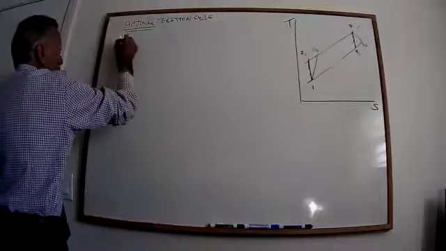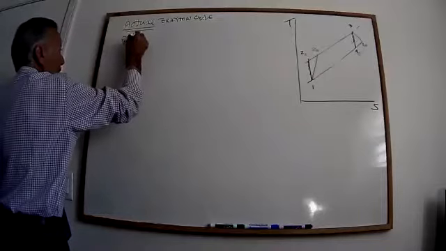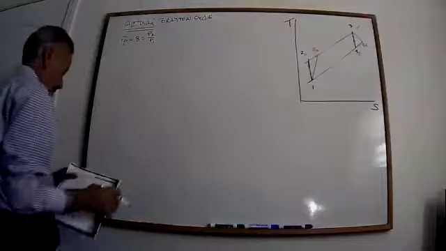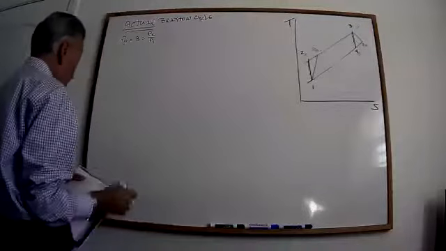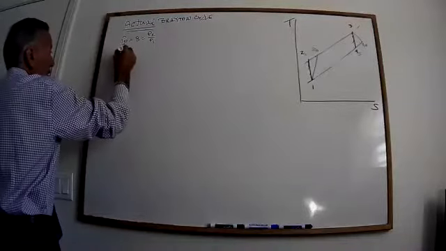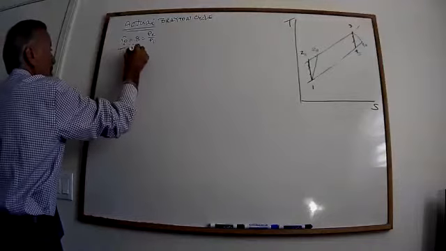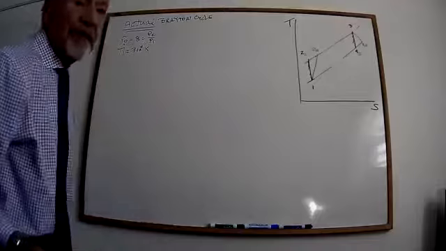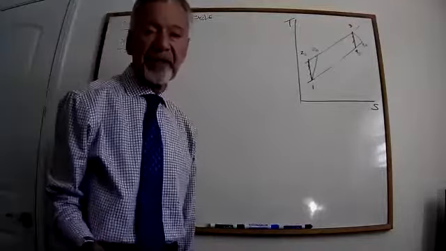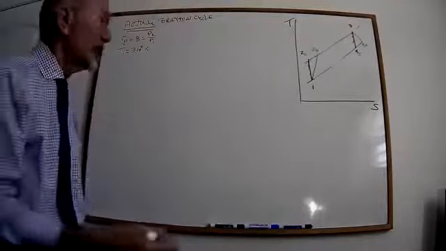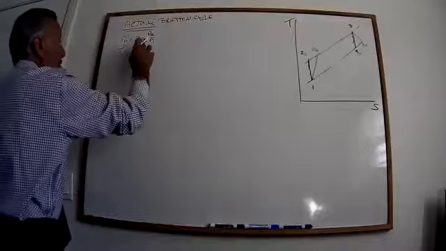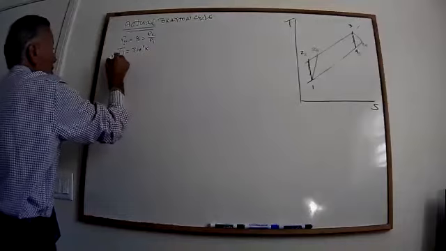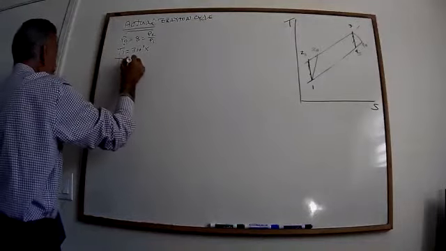Now, r_p is given to be 8, which we know is P2 over P1. Then the temperature at point 1 is given to be 300 degrees Kelvin. Actually, it's given to be 27 degrees Celsius. We add 273, we get 300 degrees Kelvin.